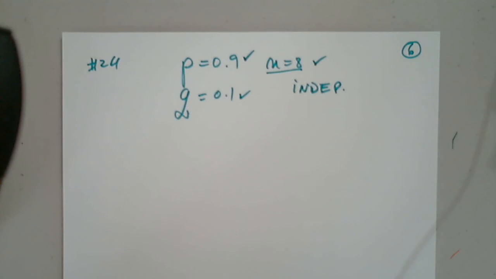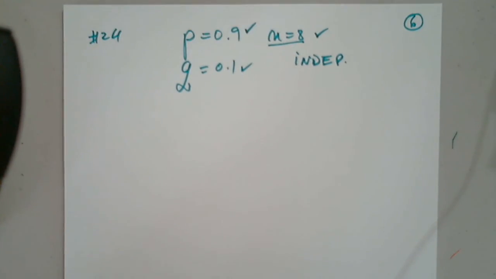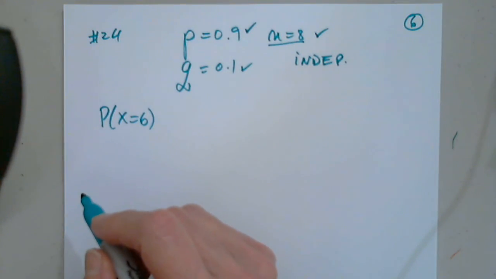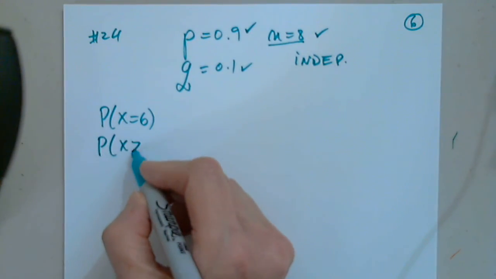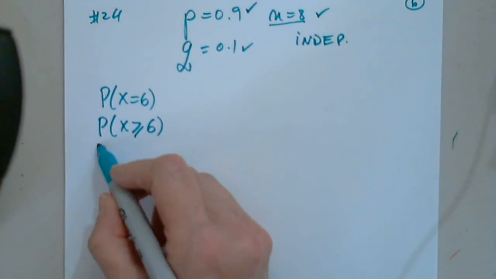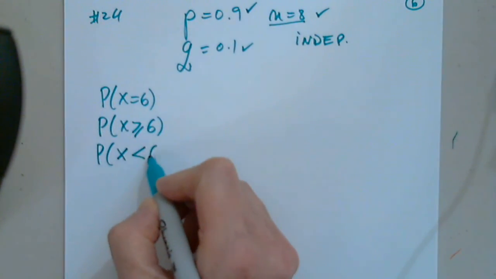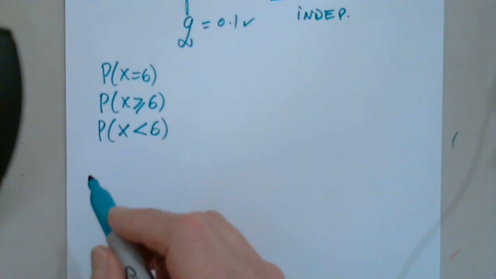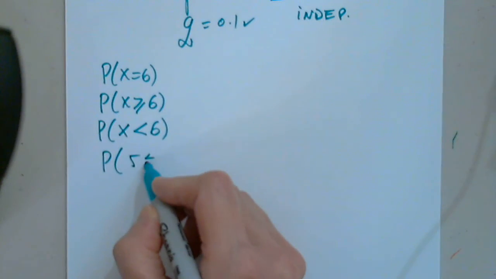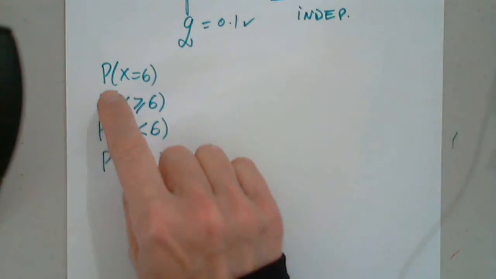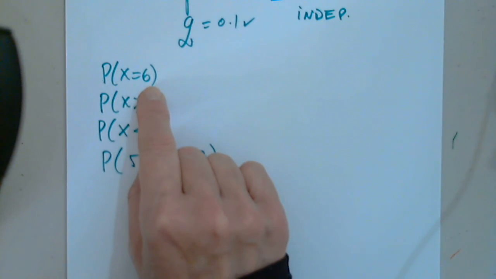Find and interpret the probability that exactly 6 flights are on time. So P that x equals 6. The next one, at least, greater than or equal to 6 are on time. Fewer, not equal to, fewer than 6. And finally, the probability that between 5 and 7 inclusive. So exactly 6.